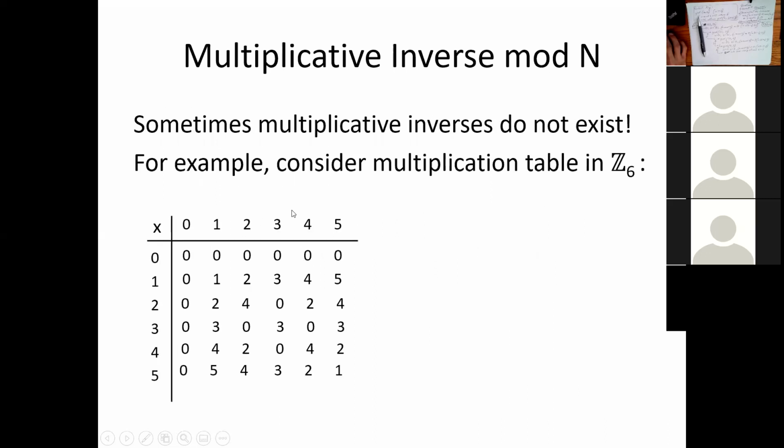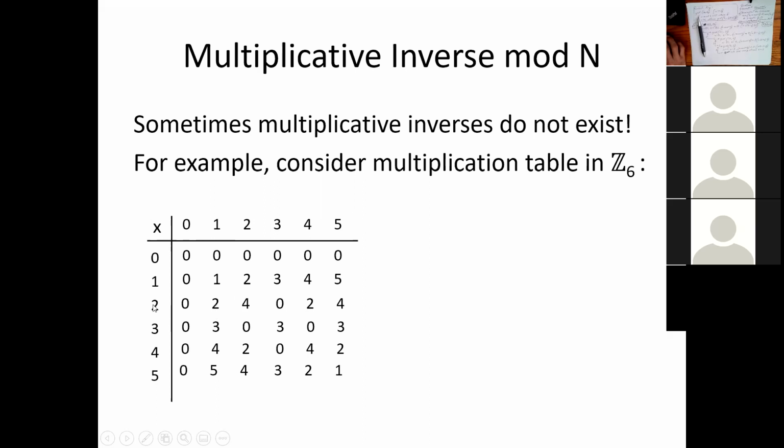Now, when you try to do the same mod 6, it doesn't quite work. Multiplication mod 6 is not a permutation. This row of multiplication by 2 does not show every element here. In particular, it does not show a 1.